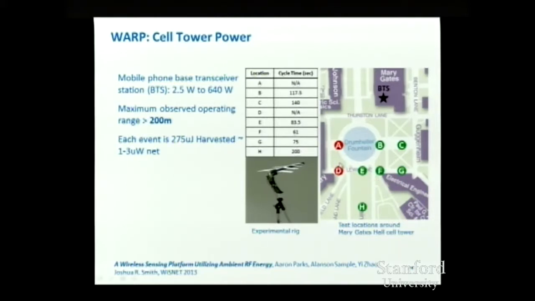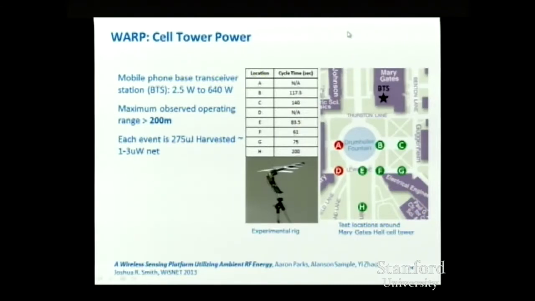At these two red locations, it didn't work, which my theory is maybe some sort of multipath bounce off this water, but we haven't investigated that yet. In this case, the range is a lot less than with TV. Here we're looking at 200 meters, something like that.